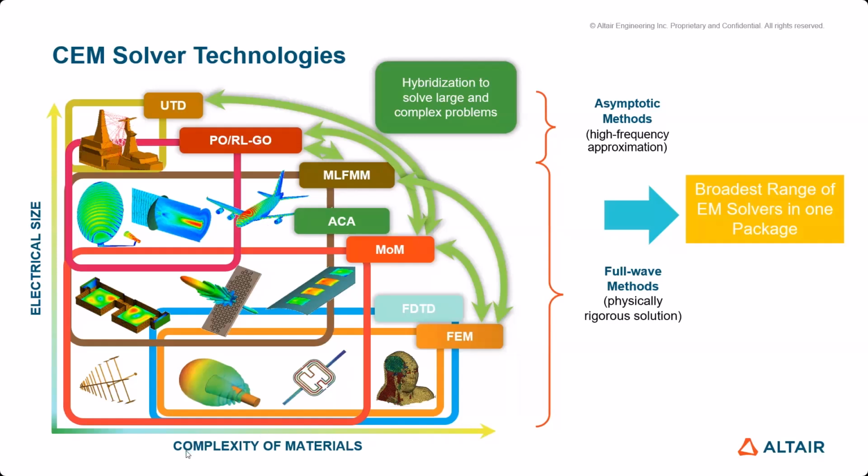That is the second aspect one has to keep in mind, which is the complexity of the materials. As the complexity of the materials increases, you can then switch from method of moments, which is the default solver in Feko and is a full wave solution, to other solver types like the finite element method or the finite difference time domain method.